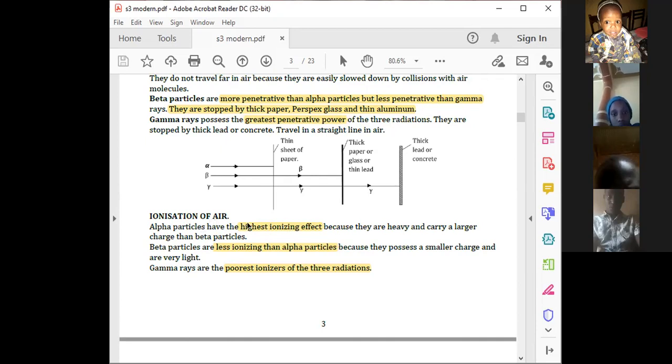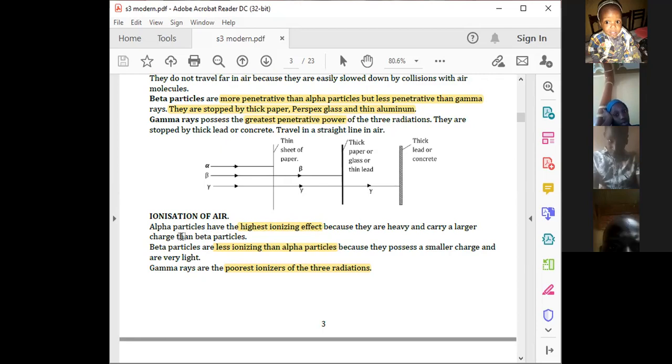In other words, alpha particles have the highest ionizing effect compared to beta particles. Get to know this. Then the beta particle has less ionizing power compared to the alpha particle.